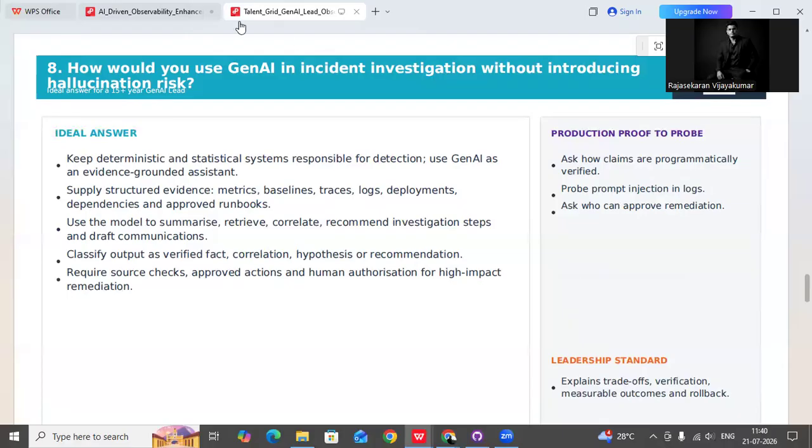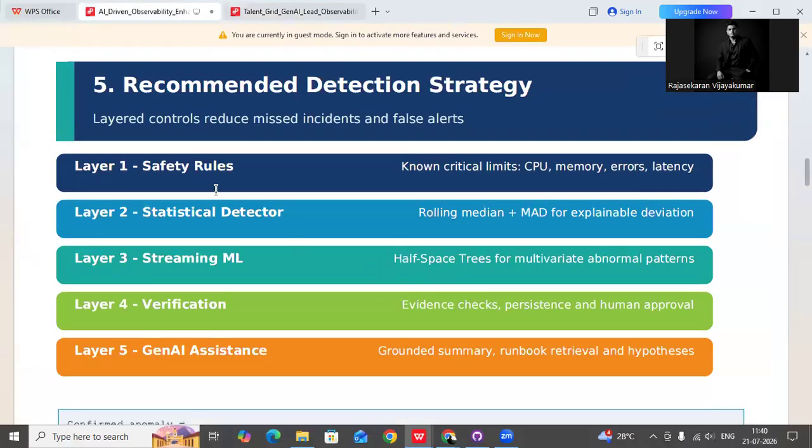If I show you the structure, it is like this. Let's say there is a detection strategy implemented and an anomaly detection system working. On a fifth layer, there is a GenAI assistant communicating in a more conversational manner.